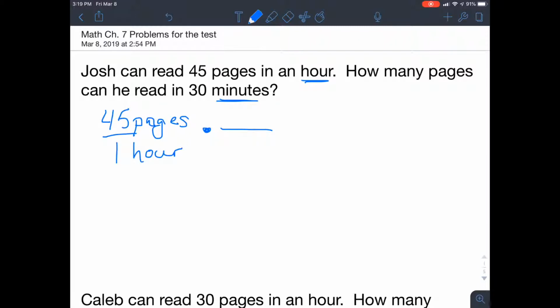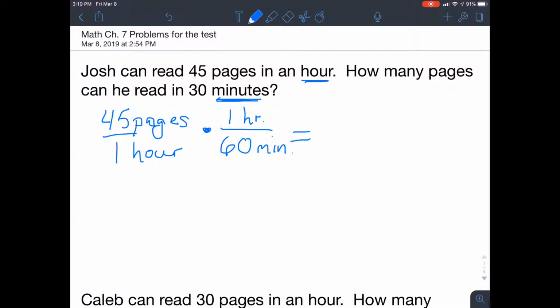We put hour on the top since it's on the bottom there. And we think, we need to end up with minutes. So how many minutes are equal to 1 hour? Well, 60, of course. So we have 60 minutes equal to 1 hour. So this is just like multiplying the whole thing by 1, because 1 hour equals 60 minutes.